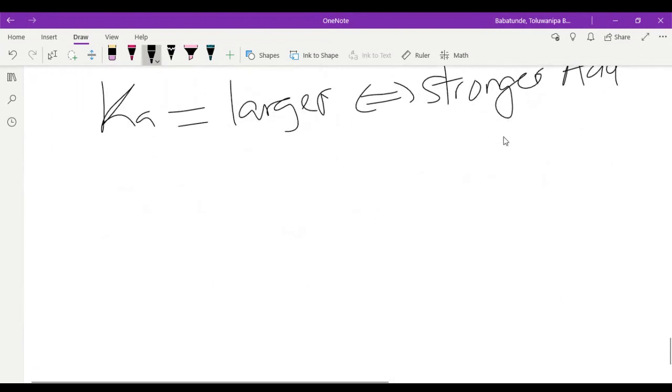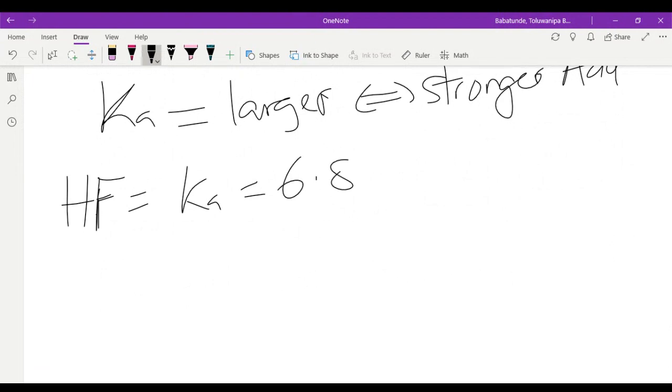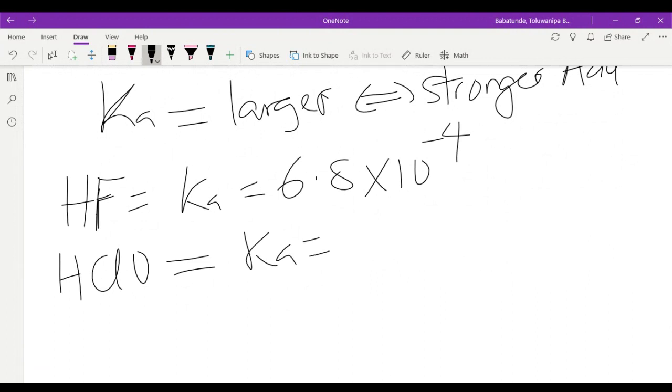Let's take, for example, HF. Ka for HF is 6.8 times 10 to negative 4. And I have another acid here where the Ka is given as 2.9 times 10 to negative 8. We have different values for Ka, and we can use the Ka value to determine which of these two acids is going to be stronger.